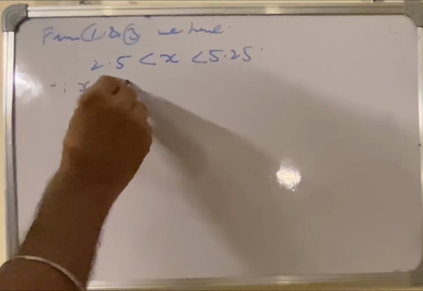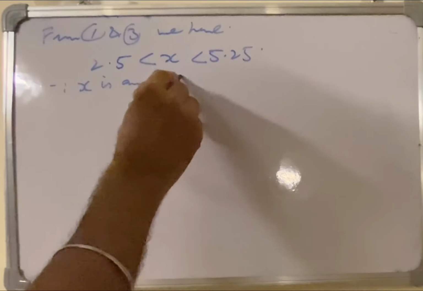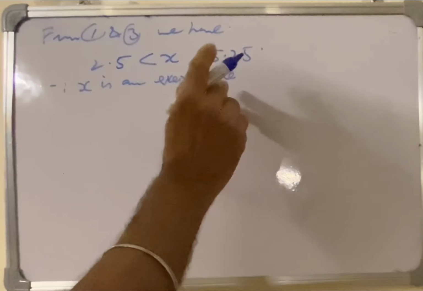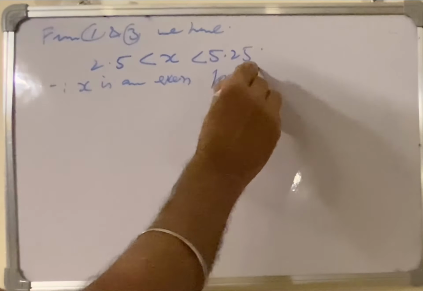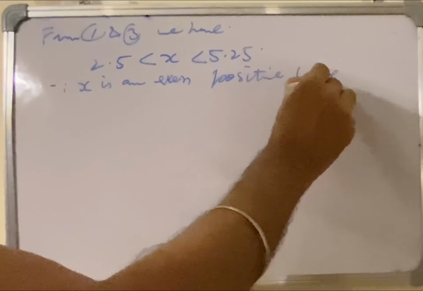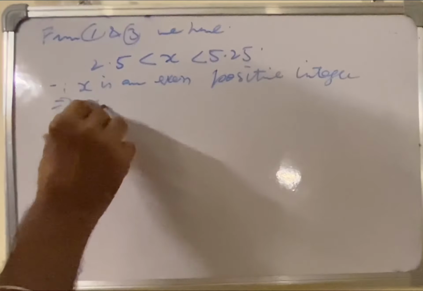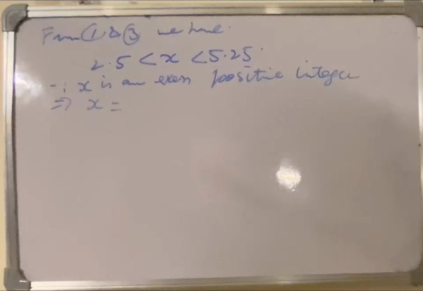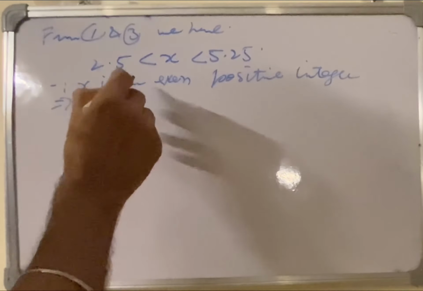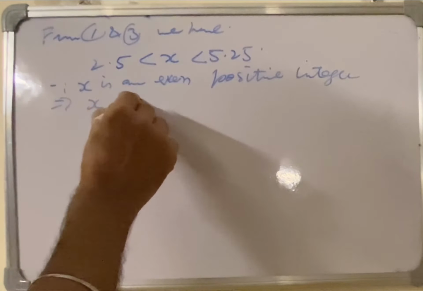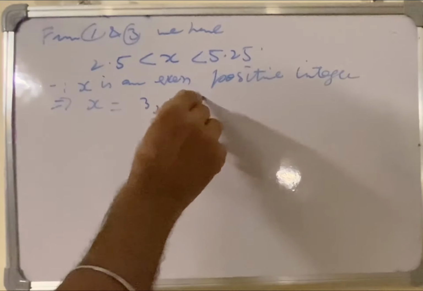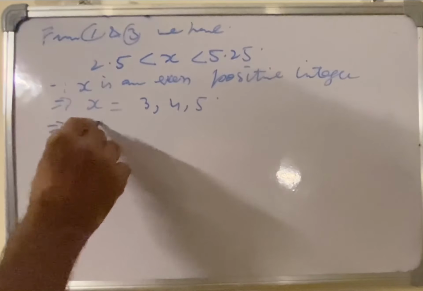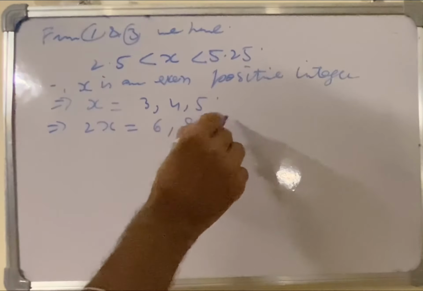Since x is an even positive integer, x is 3, 4, 5. So 2x is 6, 8, 10.